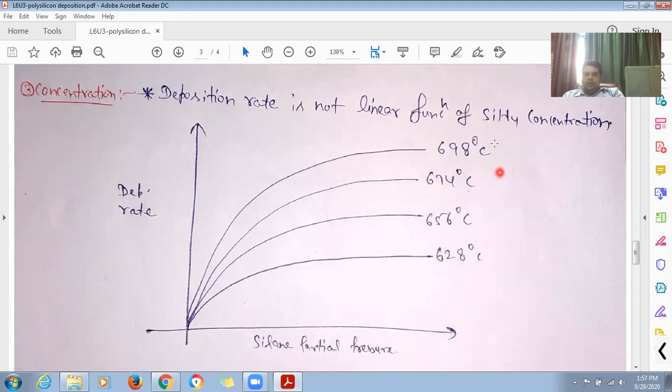And this we have already seen, as we increase the temperature, the deposition rate increases. So this is the curve that we get in this particular case.